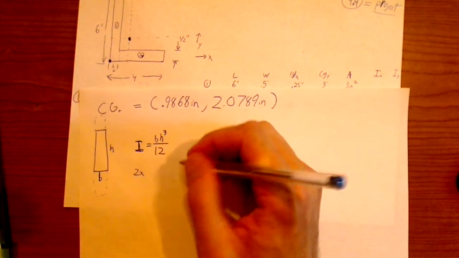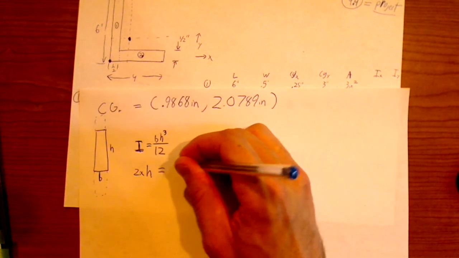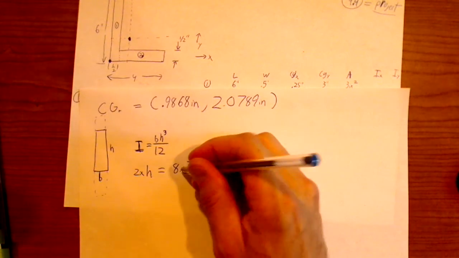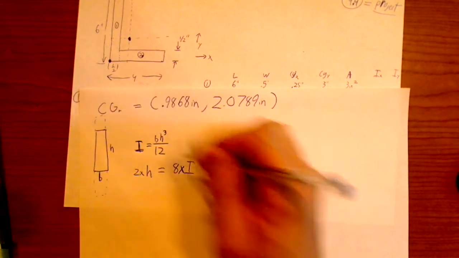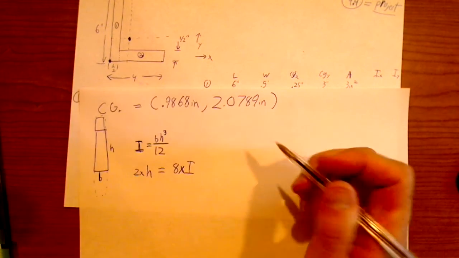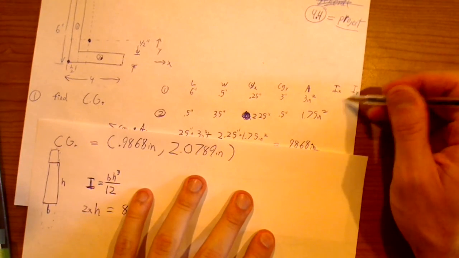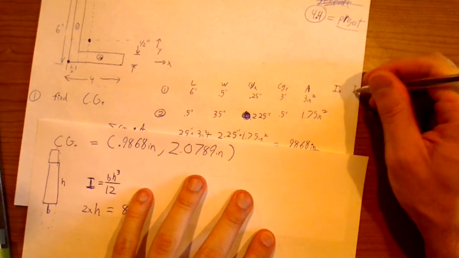So twice in H equals 8 times in I. So that's a big deal. So when you're looking at a beam, and you're wondering how can I make this stiffer, adding height is a really effective way. So now we need to know the Ix and the Iy for these little sub areas.